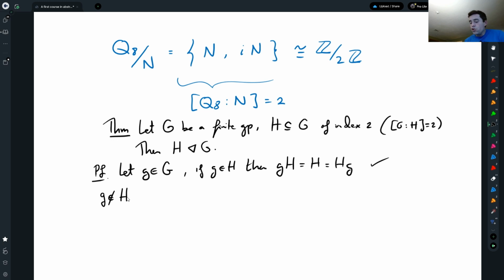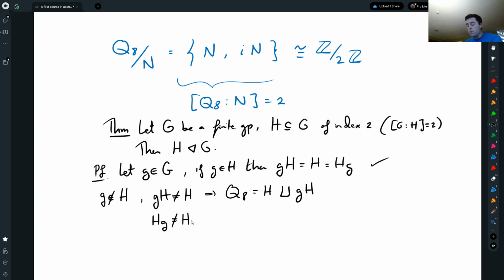If g is not in H, then gH is not H, and since the index is 2, we get that G is H disjoint union gH, because that is the definition of index. There's going to be two cosets that are disjoint, and I already found one that is not H, so I have exactly two. But also, the right coset will not be the same, so I also get that G is H disjoint union Hg.